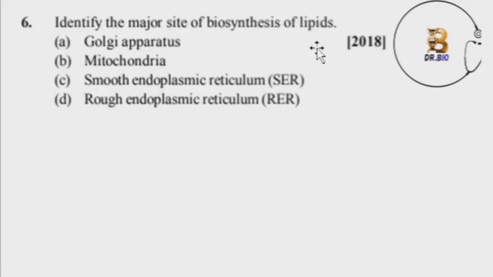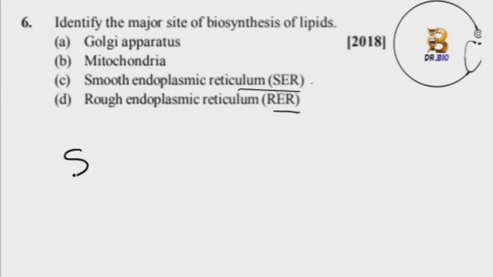Identify the major site of biosynthesis of the lipid. Okay, we need to discuss the biosynthesis of the lipids here. The Golgi apparatus is not concerned with this, and mitochondria are for the purpose of energy production, right? And smooth endoplasmic reticulum, SER, and RER are the very interesting things.